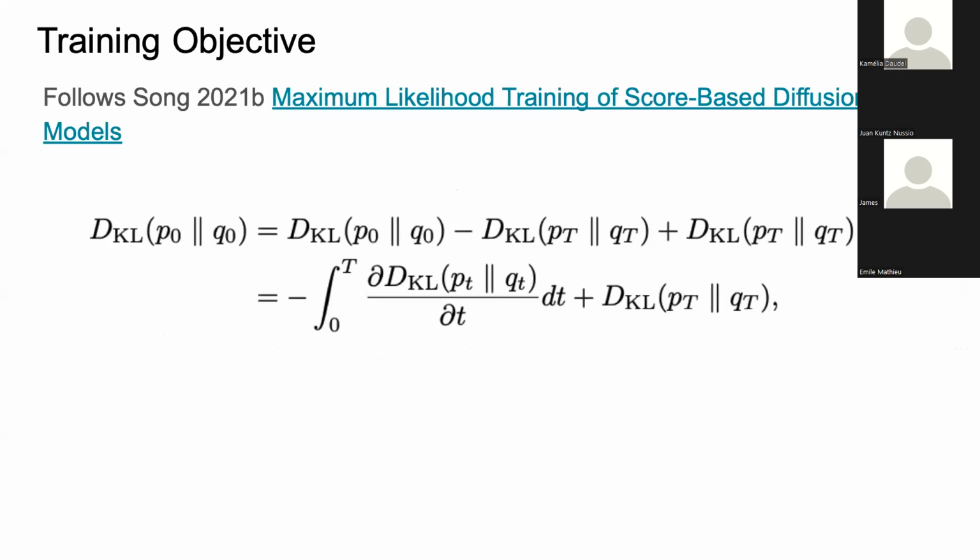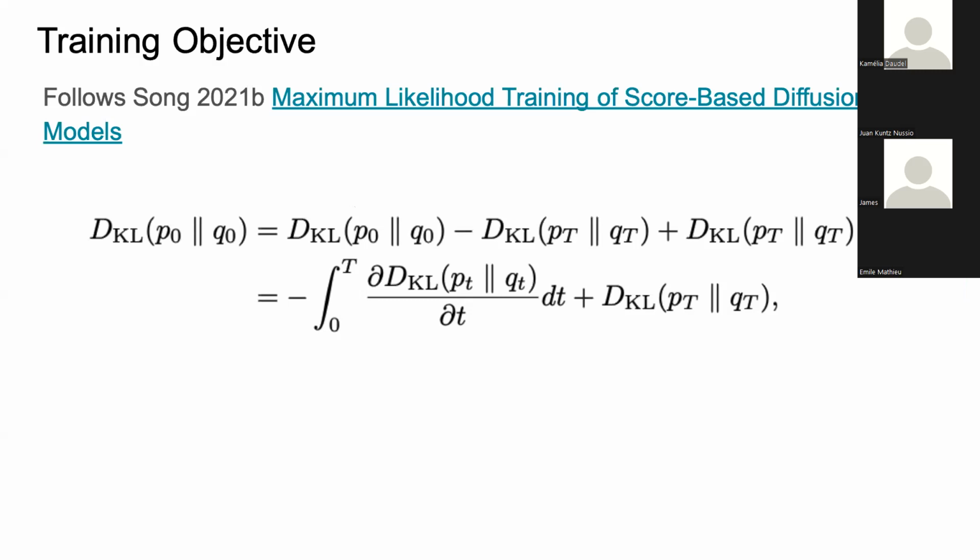But I'm going to go through another, fairly standard approach to coming up with an objective for score-based generative modeling, which follows the work from Yang Song, Conor Durkan, on the maximum likelihood training paper. Given some density P0, your data distribution at time 0, and some other distribution at time 0, Q0.